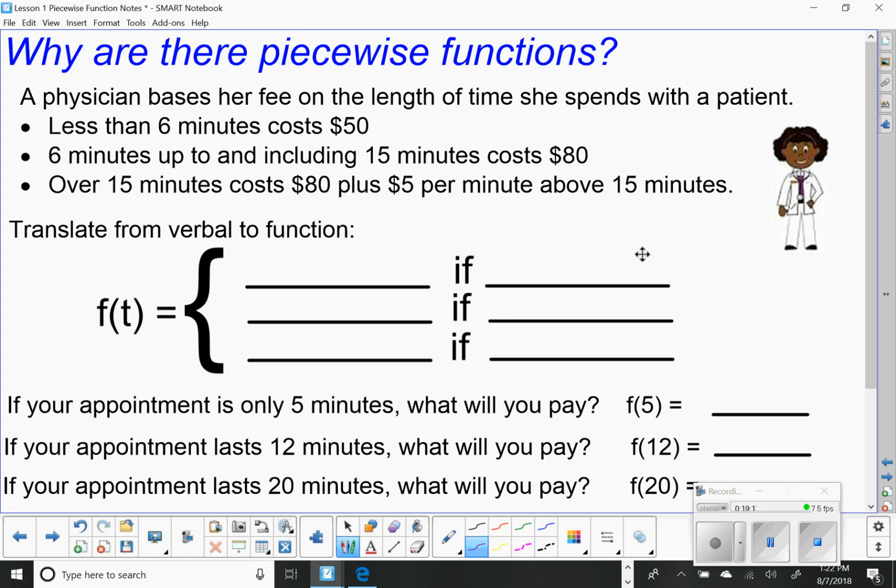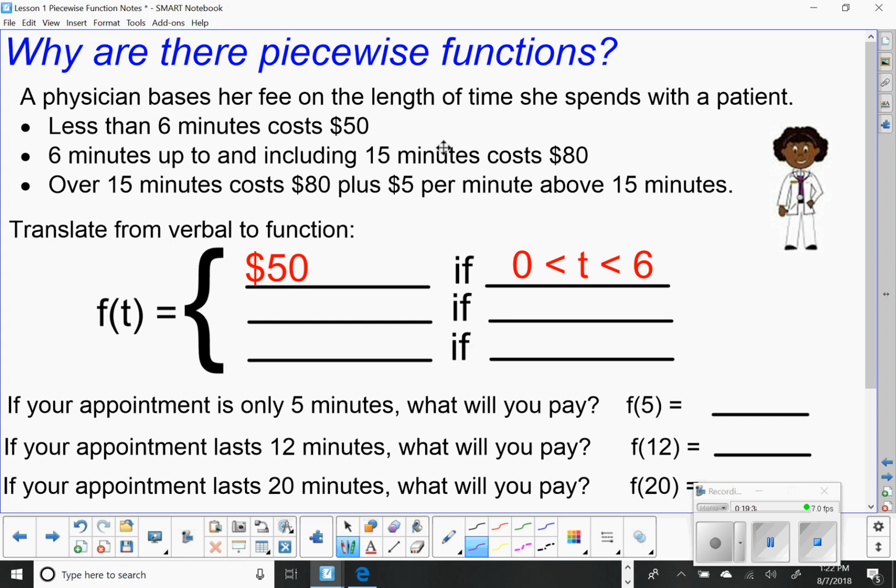So, if you go in, you can only see your doctor greater than 0, less than 6. If you don't see your doctor at all, you don't pay. So from 0 up to less than 6, not equal to 6, but less than 6, you're just going to pay $50.